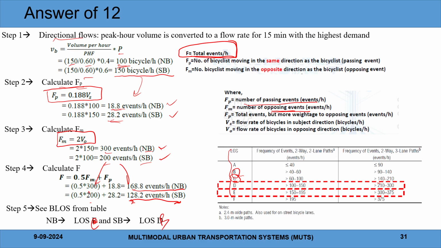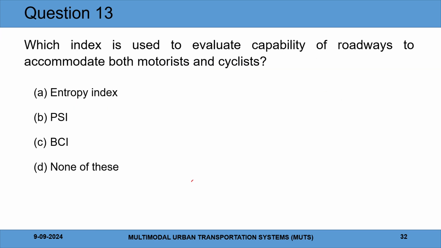So ultimately we need to calculate the total event, that is the summation of the weighted average of the opposing event, 0.5 into FM, and FP. To calculate FM and FP there are formulas, and ultimately we will get these two values.